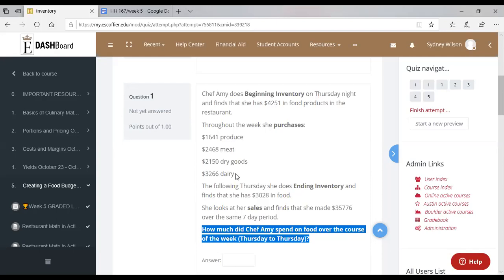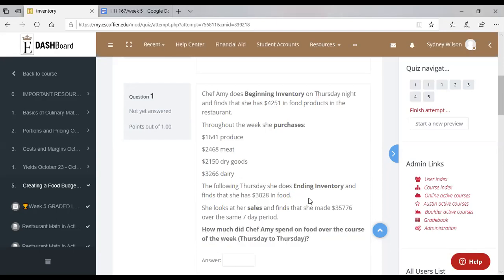I got my little calculator here, and we can go over it, unless somebody can jump out there with an answer for me. Anybody got it? Y'all are so quiet tonight.